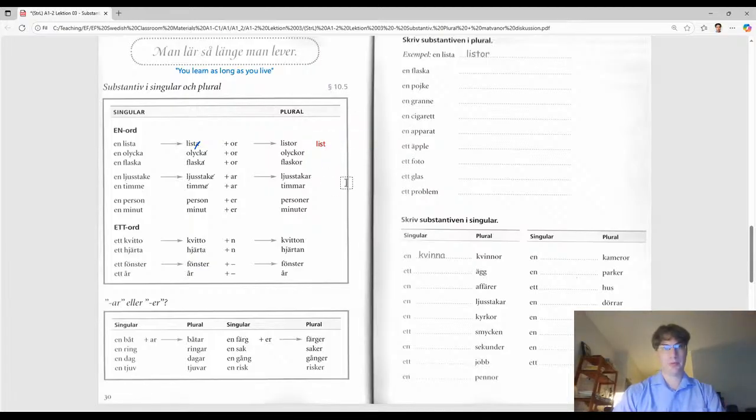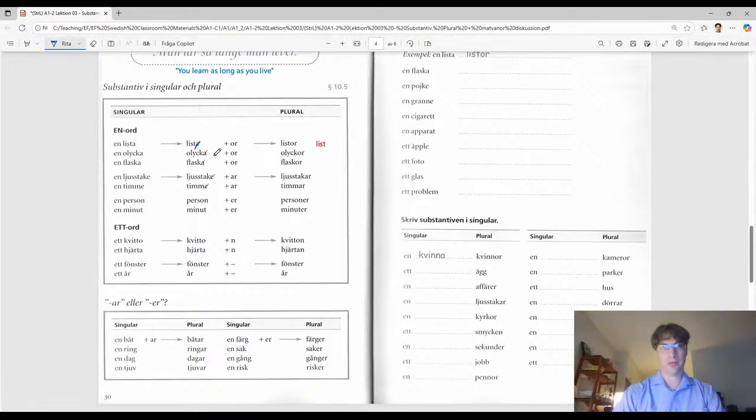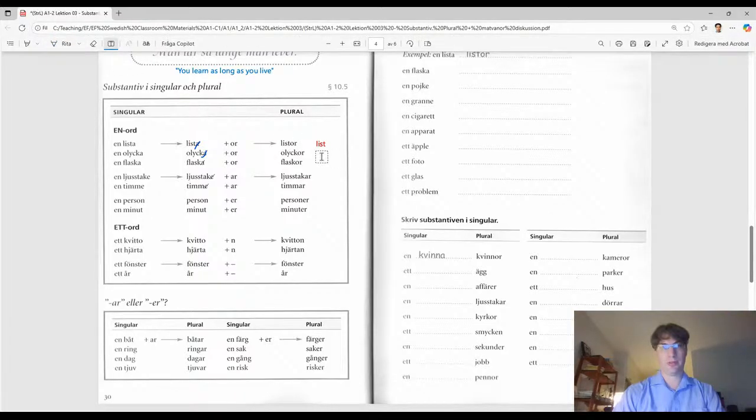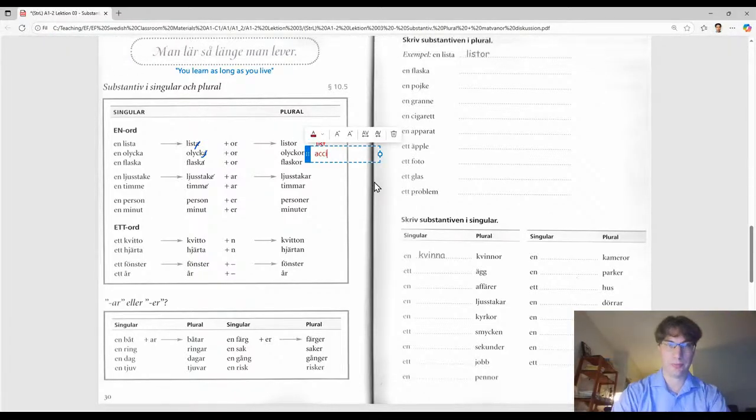And en olycka, you strike the A, you add OR, and then you get olyckor, which is accidents. Yeah, these are in plurals. And the next example is en flaska, but all of these end on A, right?